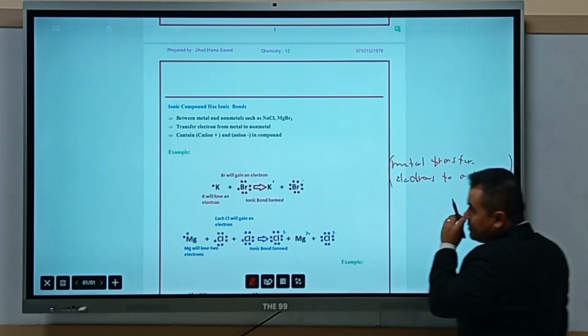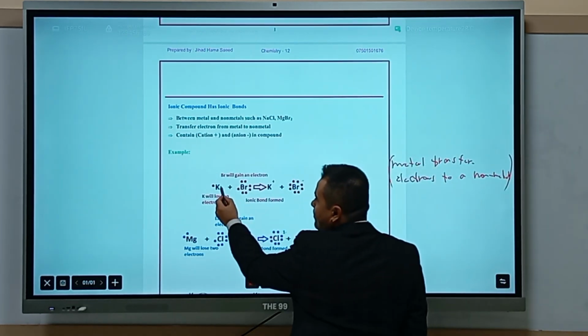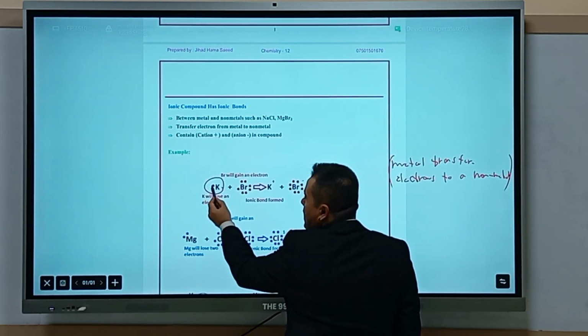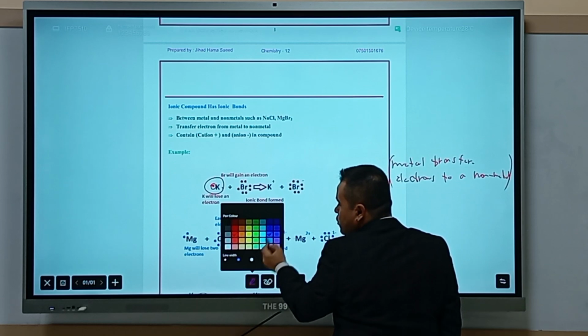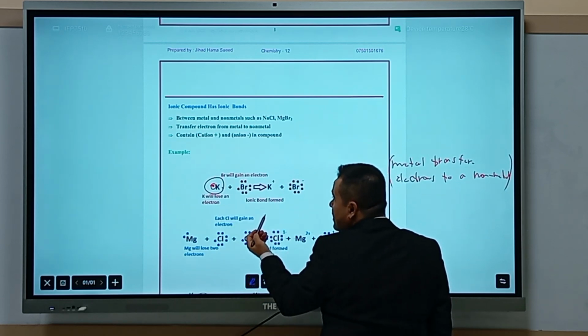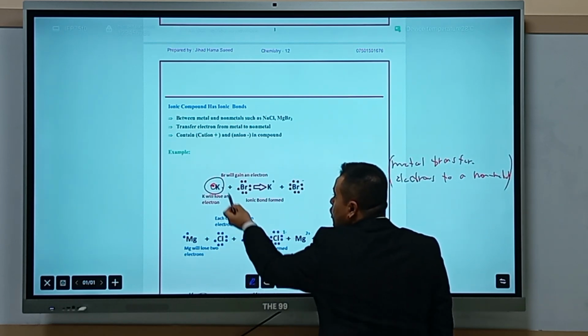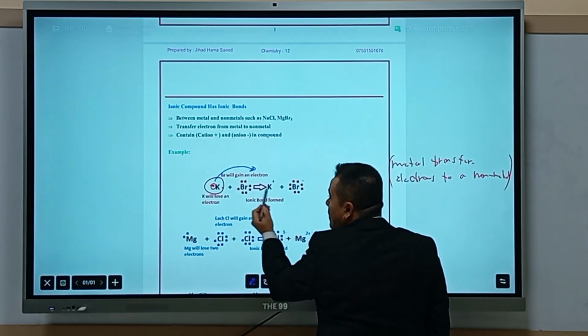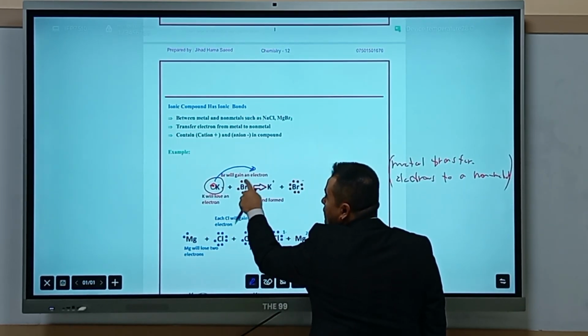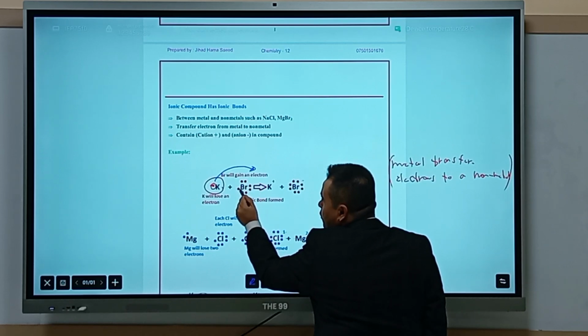For example, guys, here we have potassium. The potassium has one electron in its valence shell, and it has a tendency to donate that electron. And Br has 7 electrons in the valence shell.